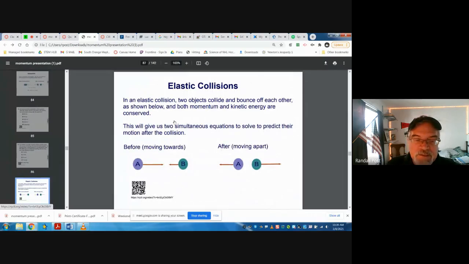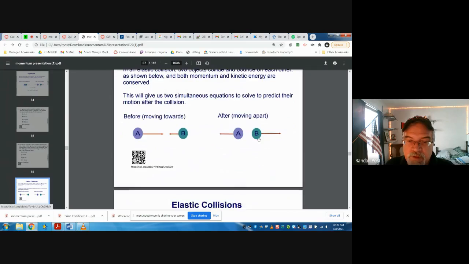Okay, elastic collisions. This is the easy one. It's simply a bounce. A and B collide, and then afterward, A bounces and B bounces. Now they're in opposite directions.